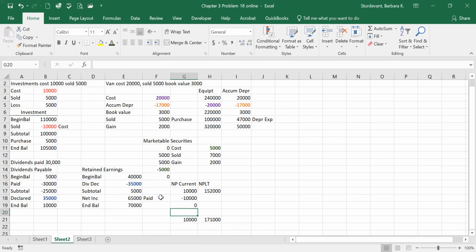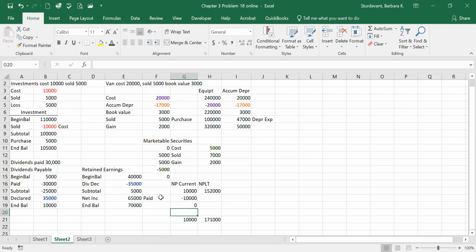Sometimes they'll tell you this, sometimes they won't, but it's another presumption that you make. With a current note payable or a current mortgage payable, the beginning balance is always paid. The ending balance is always transferred from long term.